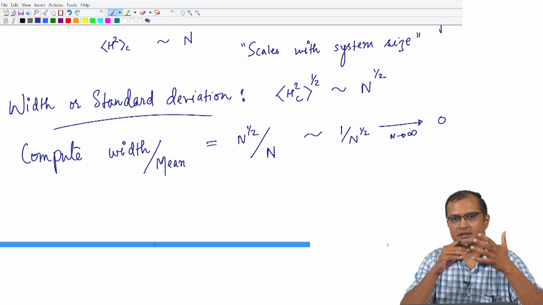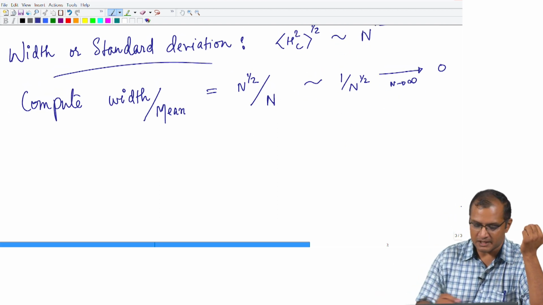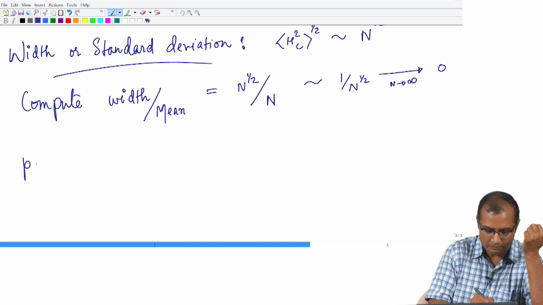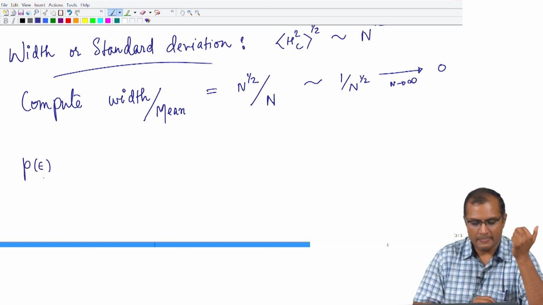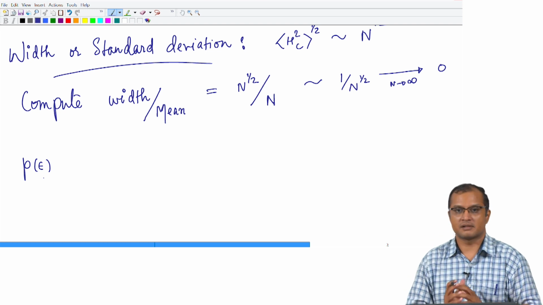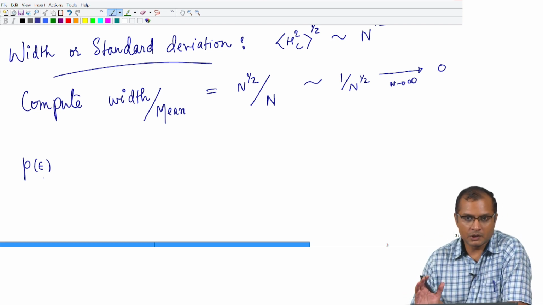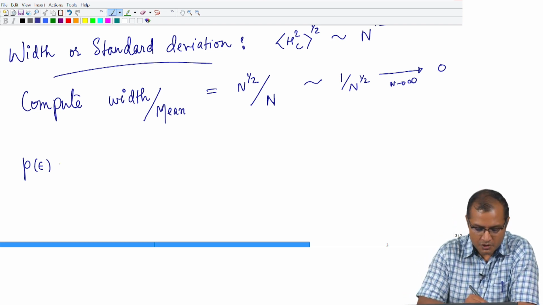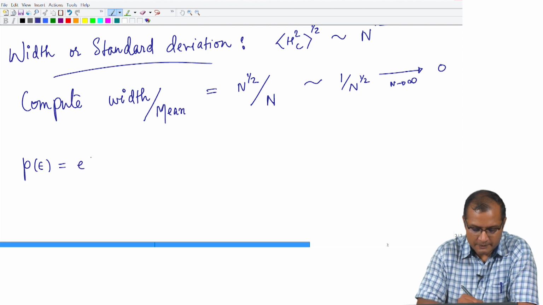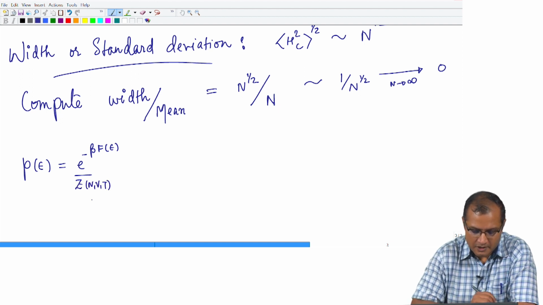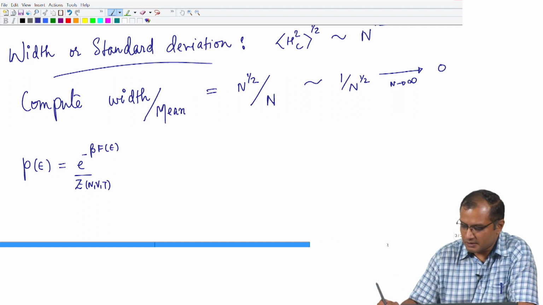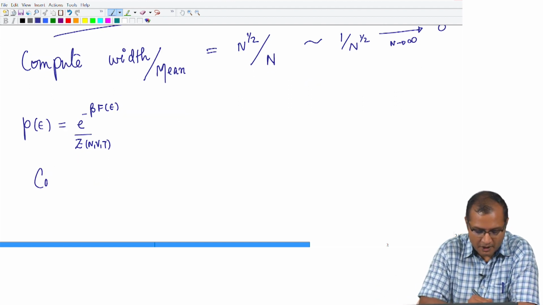Which means that my energy distribution, the energy of a canonical system in thermal equilibrium with a heat bath, which was shown to be e to the power minus beta E over the canonical partition function. This is what I know from the canonical ensemble.